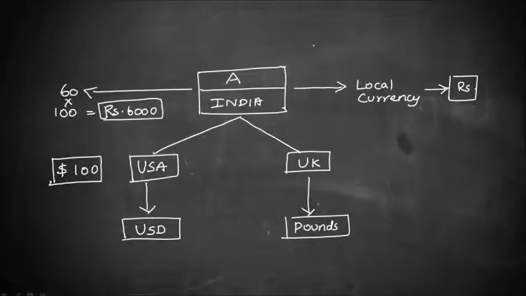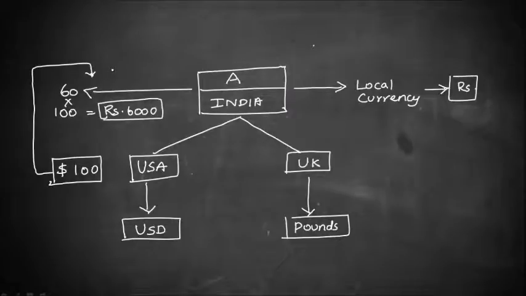But this market is highly volatile. Company A in India may get either more than 6,000 or less than 6,000. The customer in USA will pay only $100; he is not going to pay more or less. But when it reaches India and he converts that US dollar to his local currency, it would be converted at the rate applicable on that particular date.